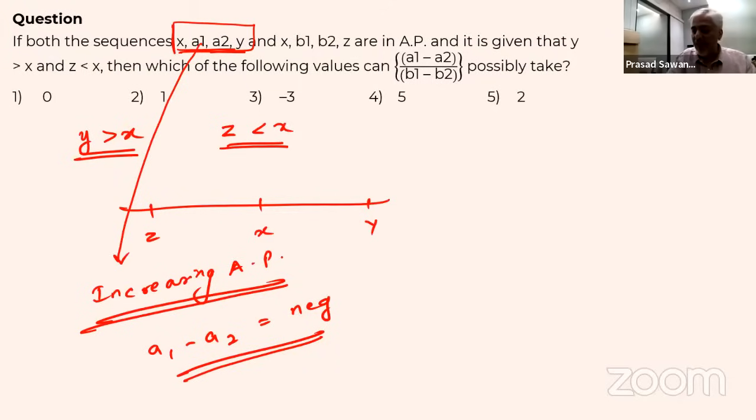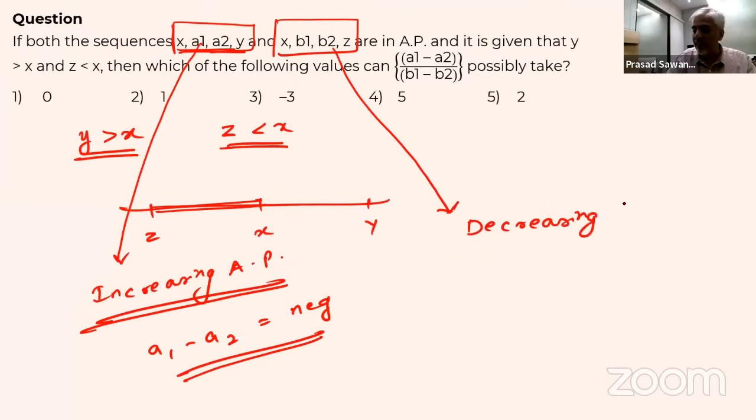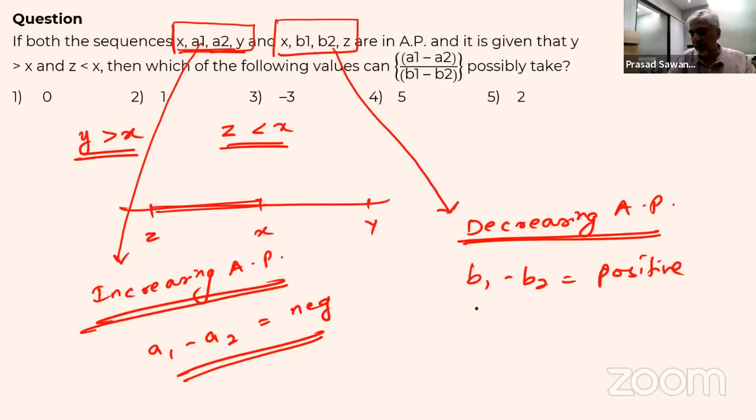While if x is greater than z, this is a decreasing arithmetic progression. And if it's a decreasing arithmetic progression, I can say B1 minus B2 is positive.